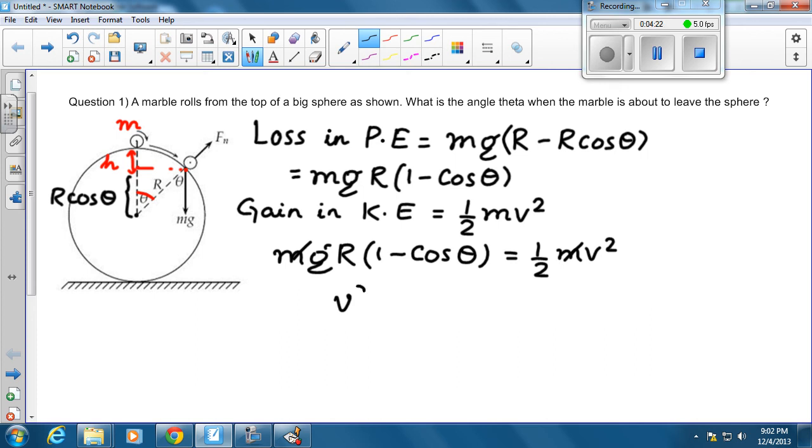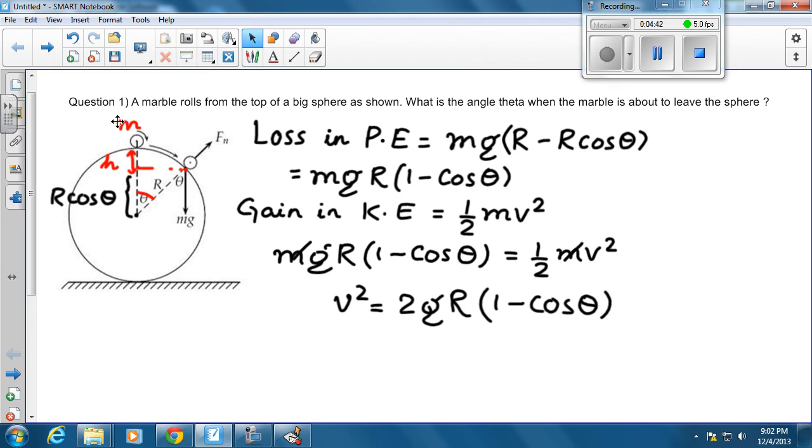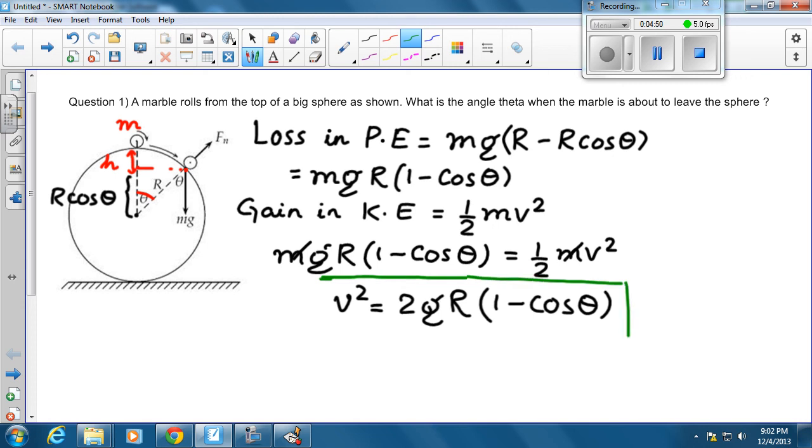So velocity squared is twice gr times (1 minus cos theta). That's the first equation we are getting, an equation for velocity, and I would like to put it in a box so that we can use this equation later on.